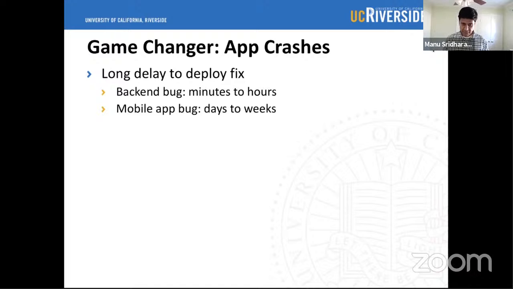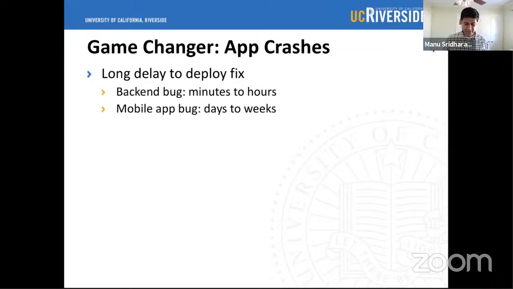You just need to update the software on the server, and then your users are using that new version of the software without any change on their device. In contrast, when you have a bad crashing bug in a mobile app, it can potentially take days to even weeks for all your users to end up on the new version of your app that fixes that bug.